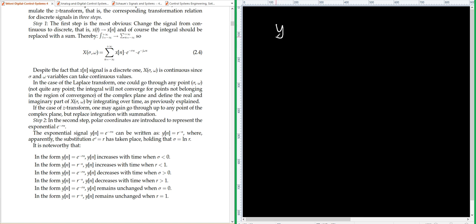For example, you have yn equal to e to the negative lambda n, and let lambda be 2.